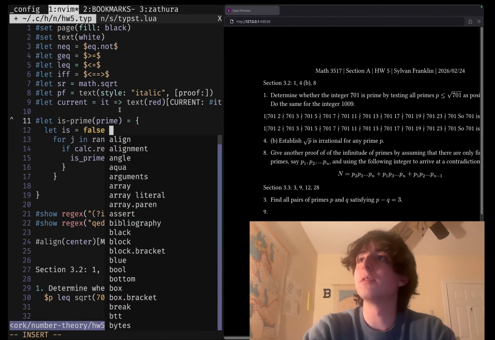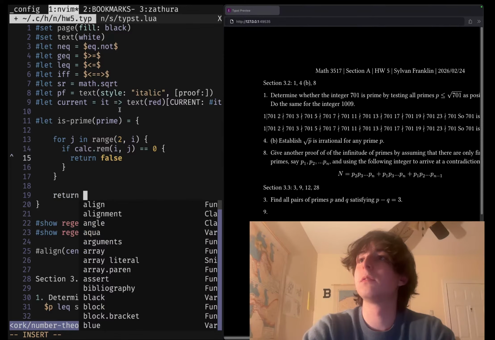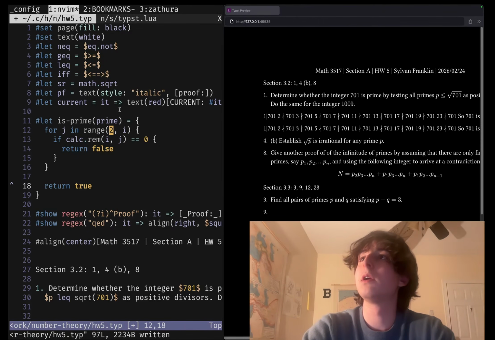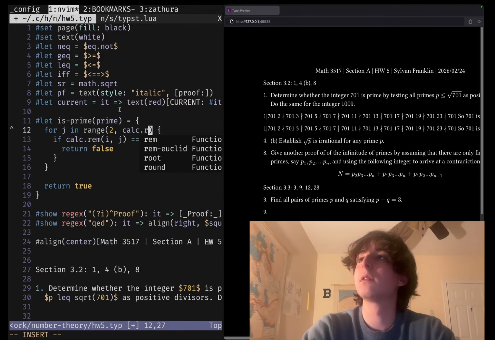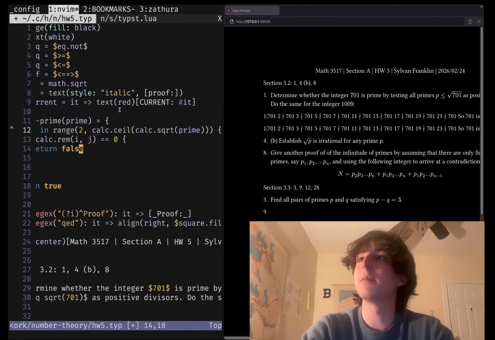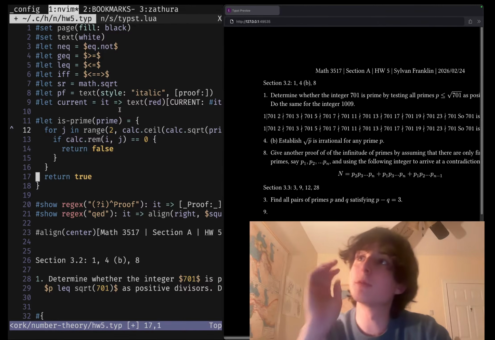That is equals false, or well, and then so we check up there, and then return false or return true if it's prime.